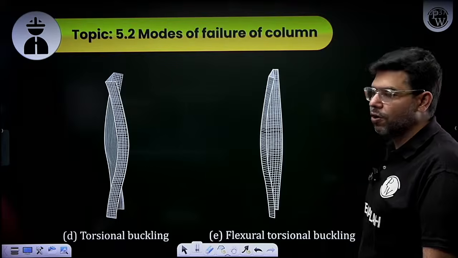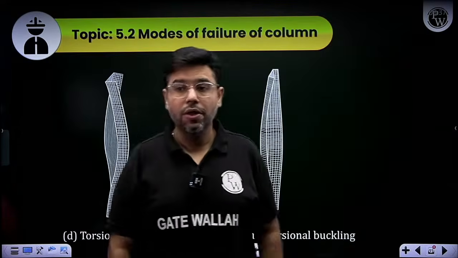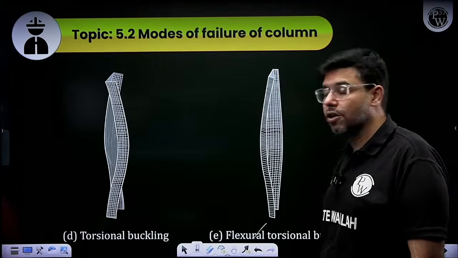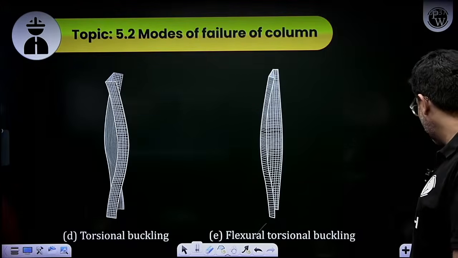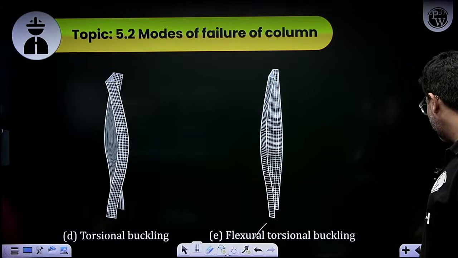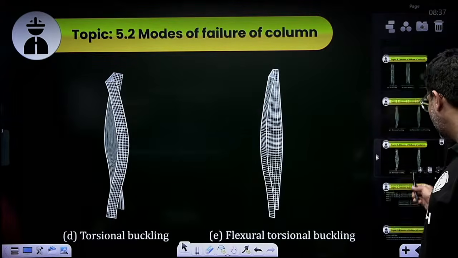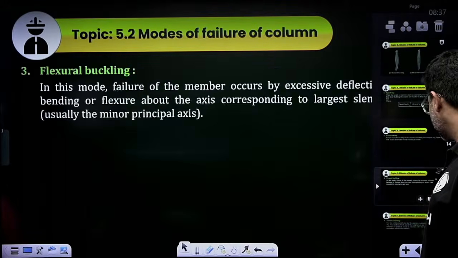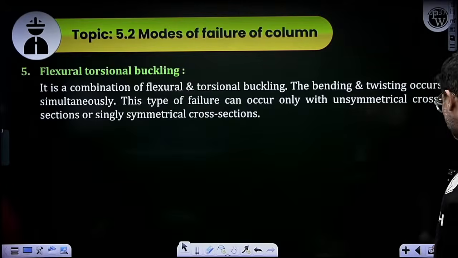Then we have torsional buckling, which happens when we try to twist a column. Then a combination of the two, flexural torsional buckling, happens generally in unsymmetrical sections, like a single angle with load applied through one leg. In that case you can have flexural torsional buckling like this. Clear? This is not in your course, so we would not be discussing it.